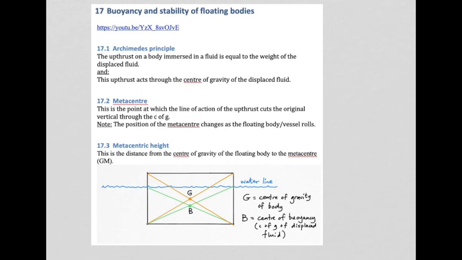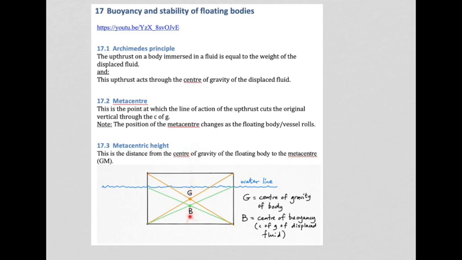Now when it comes to stability, we need to understand this concept of metacenter. Okay, now metacenter is the point at which the line of action of the upthrust cuts the original vertical through the center of gravity. Okay, so the easiest way to understand that is, let's pretend that this is a yacht, and let's pretend that there's a mast sticking up here.